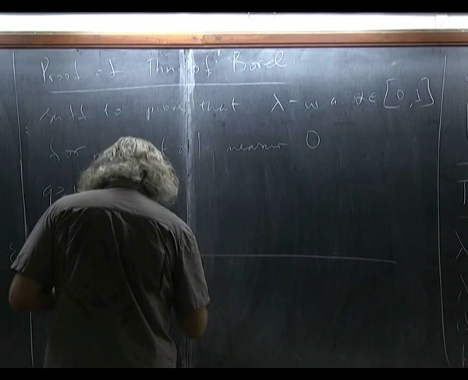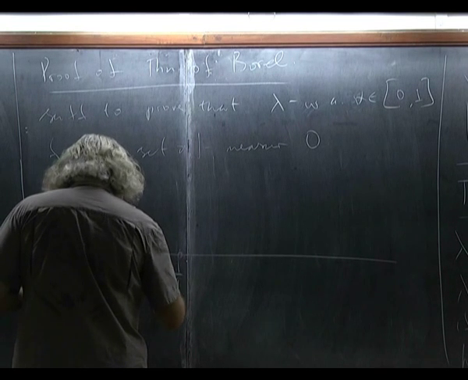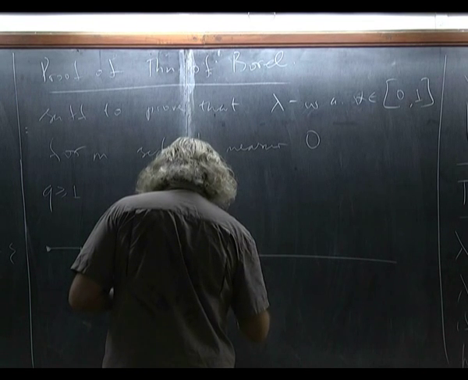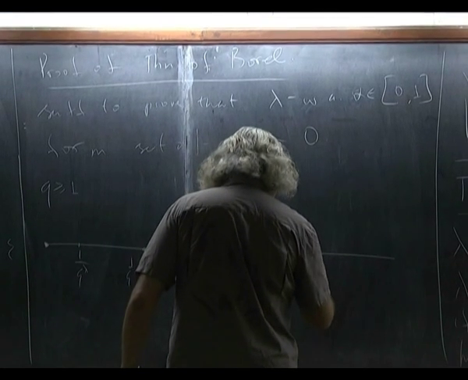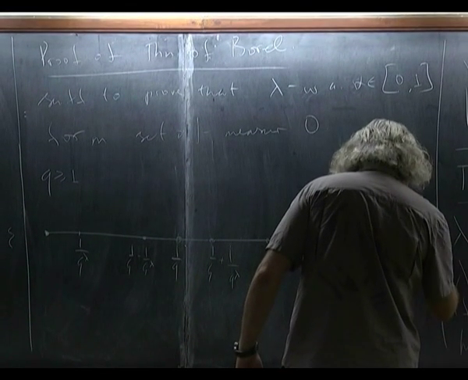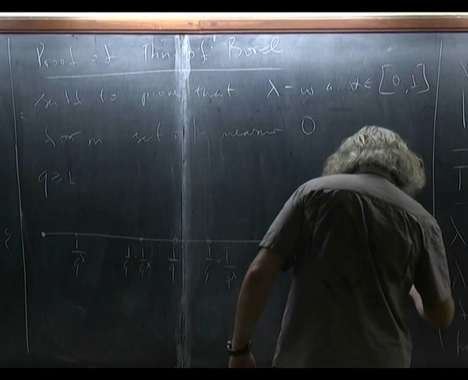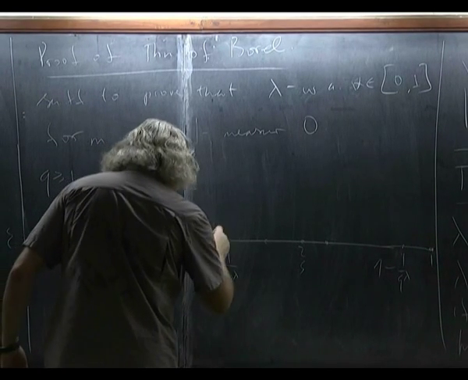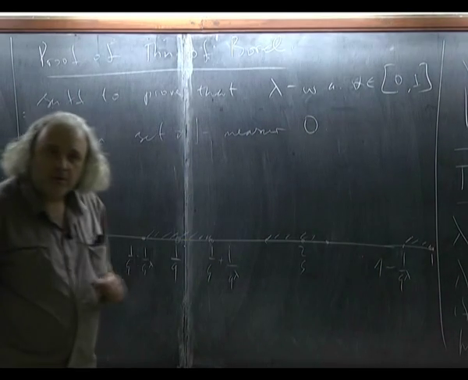Then we have 1 over Q, and here 1 over Q minus 1 over Q lambda, and here 1 over Q plus 1 over Q lambda. And so on. Here again 2 over Q and take an interval around it, etc., until at 1 we have 1 minus 1 over Q lambda. We want to consider this set. Good.